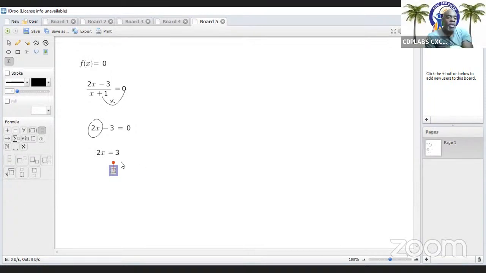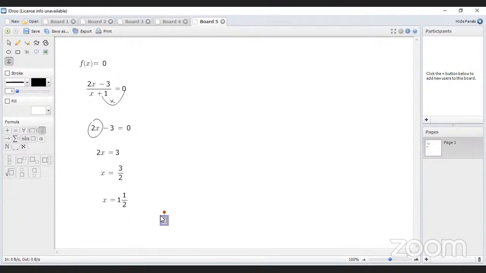So x is equal to 3 divided by 2, 3 halves, which is the same thing as 1.5. So your fraction has to come to mind. So that's the answer for part A.